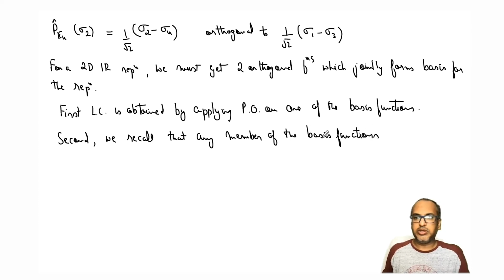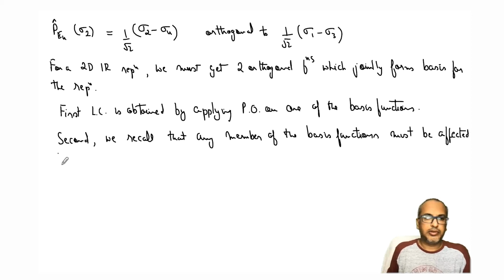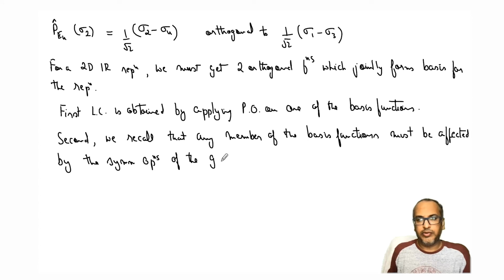like sigma 1, sigma 2, sigma 3, sigma 4, all four functions, must be affected by the symmetry operations of the group in one of the following two ways.